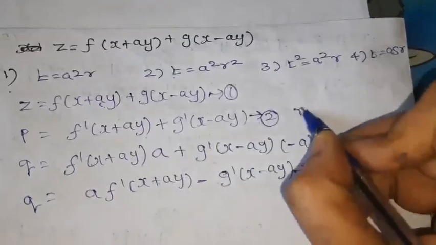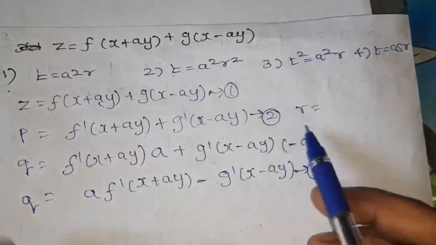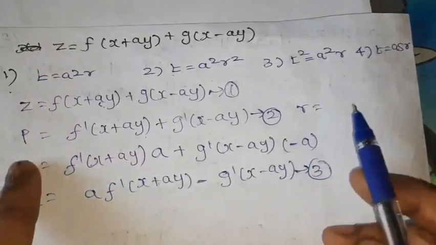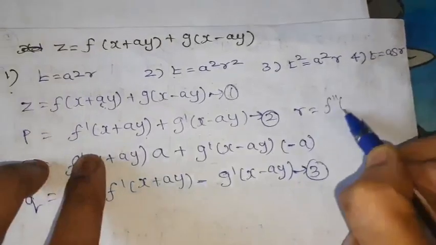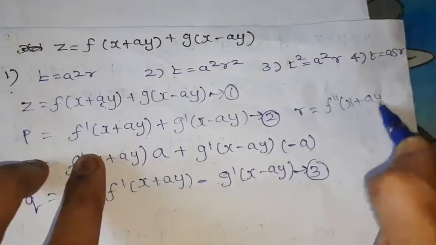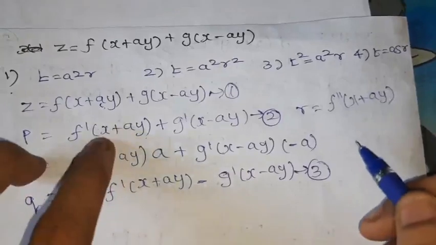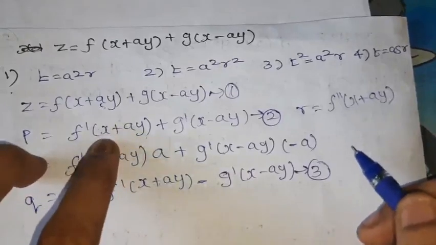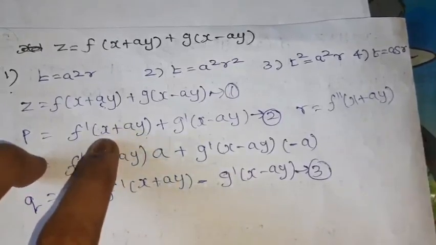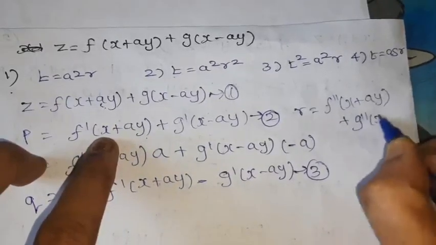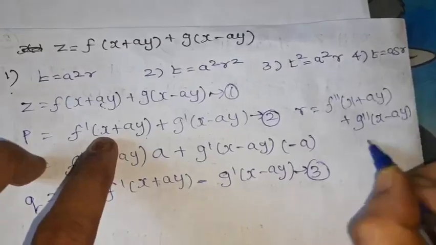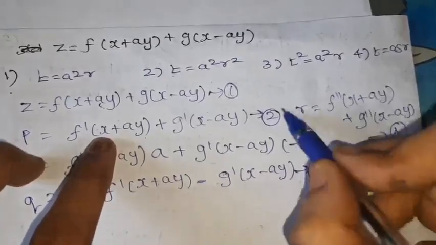So differentiating with respect to x, we get ∂²z/∂x² = r. When we differentiate this term, we get f''(x + ay), and differentiating x we will get 1 only, plus again g''(x − ay). Say this is equation 4.